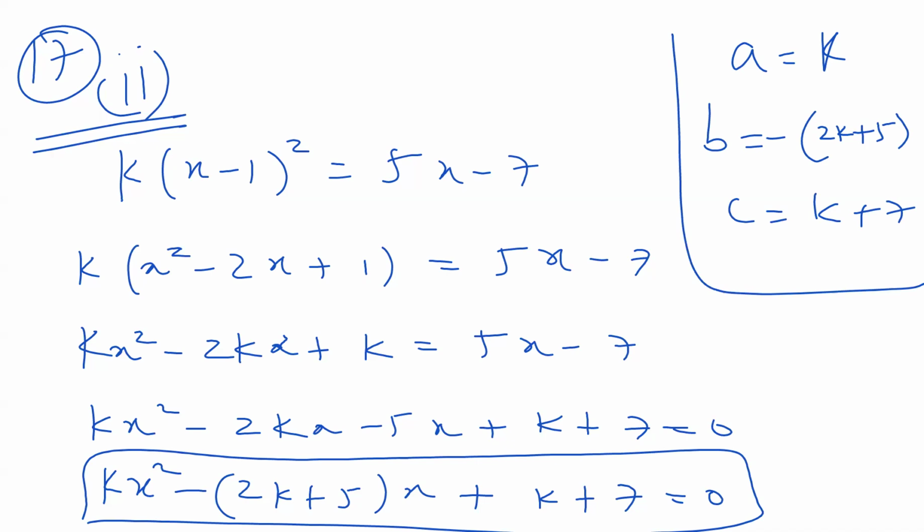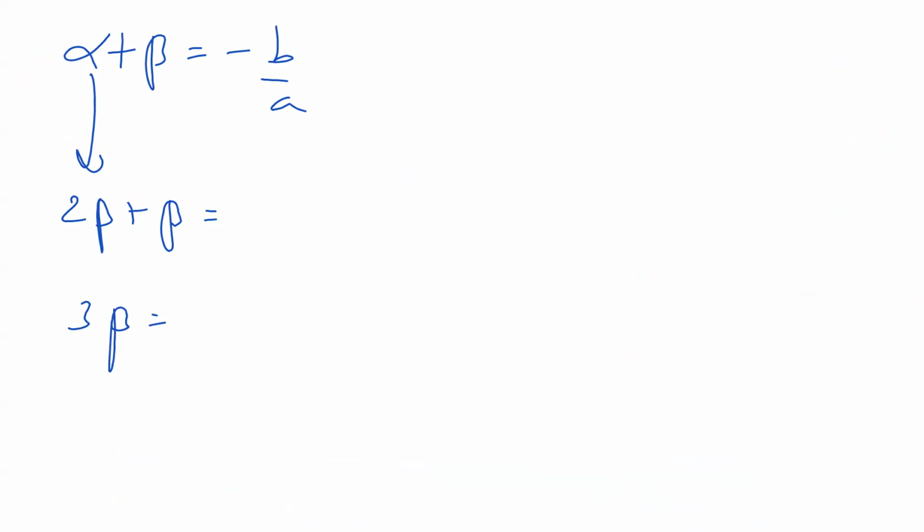Now, once you get the values of a, b, and c, look at the condition. Alpha is equal to twice beta. Now start with alpha plus beta. Alpha plus beta is minus b by a. Alpha is equal to twice beta, plus beta. So this is going to be 3 beta. I will put the values of b and a.